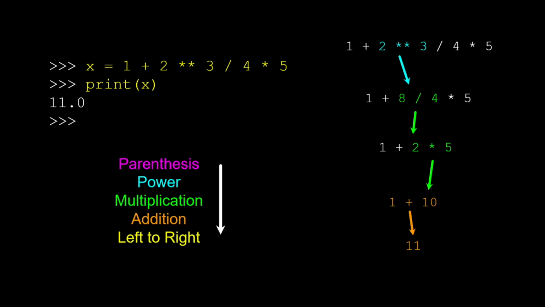That is why, if you see here, 1 plus 8 divided by 4 times 5, you perform the one that comes first. The first one is actually the division. Okay? Since division and multiplication have the same level or order of evaluation, you perform this one first.